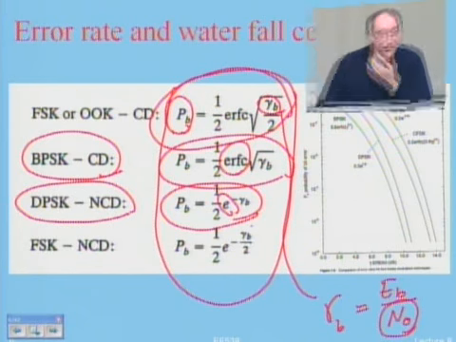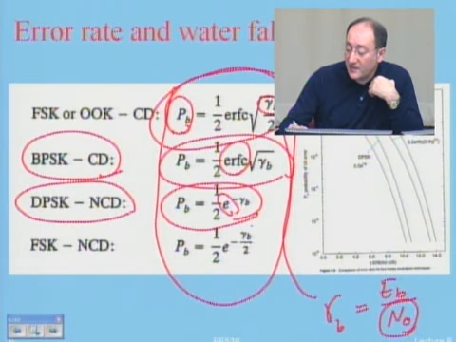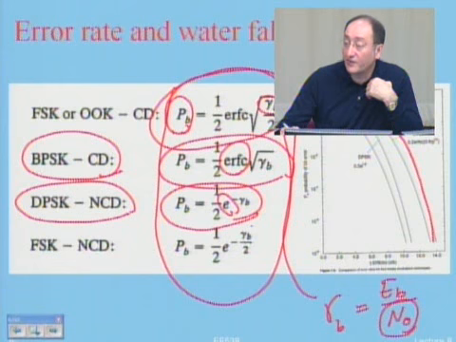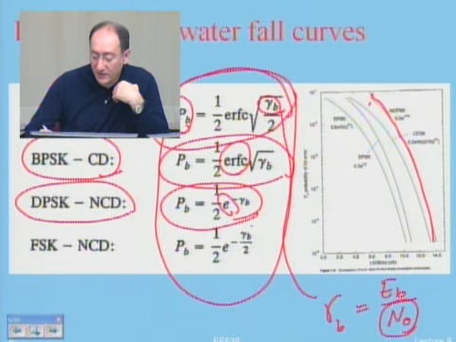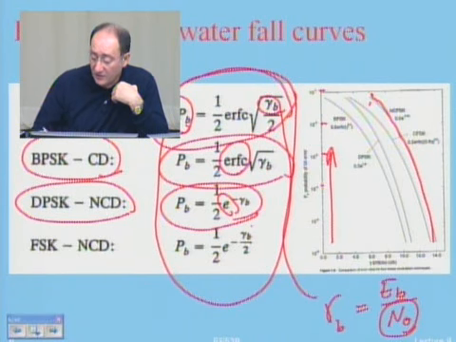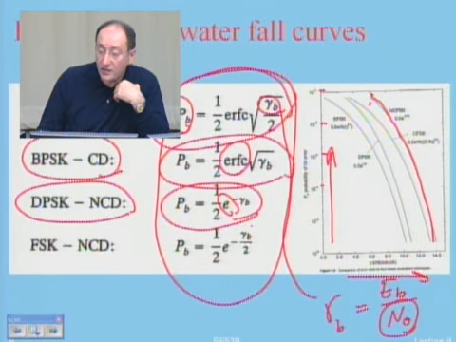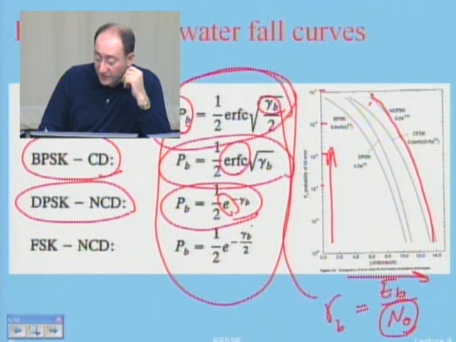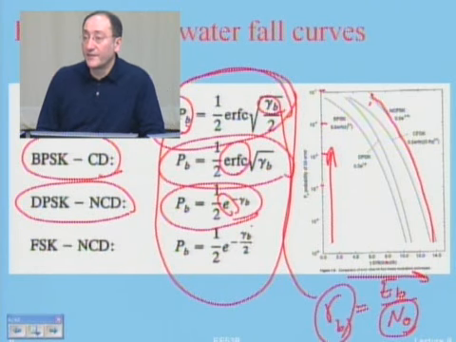And we discussed that, and we also sketched these so-called waterfall curves for all of them. In these waterfall curves, in this direction is probability of error in logarithmic form, 10 to the minus 1, 10 to the minus 2, minus 3, etc. In this direction is signal-to-noise ratio in dB.